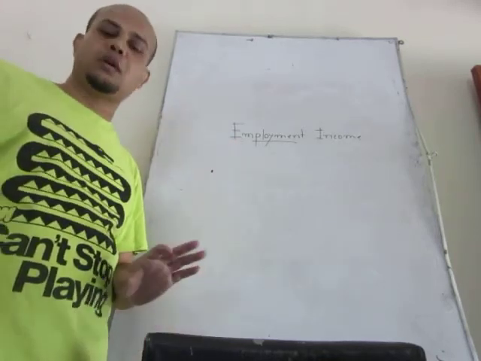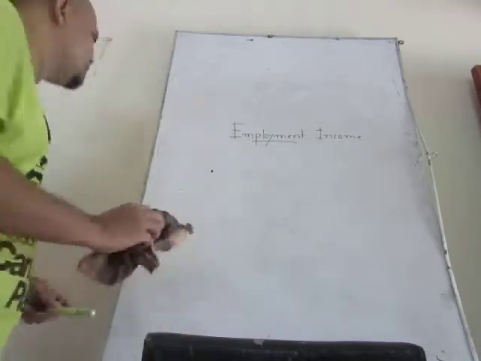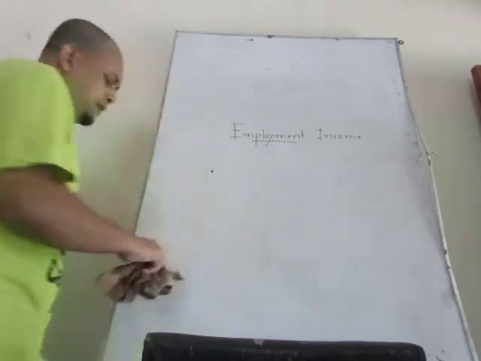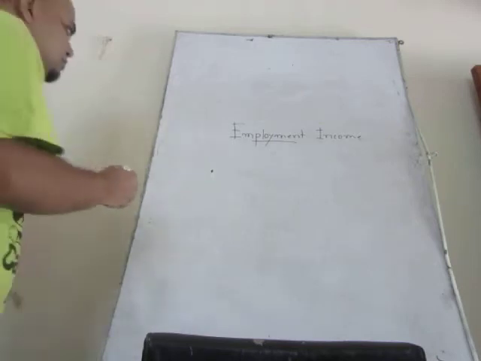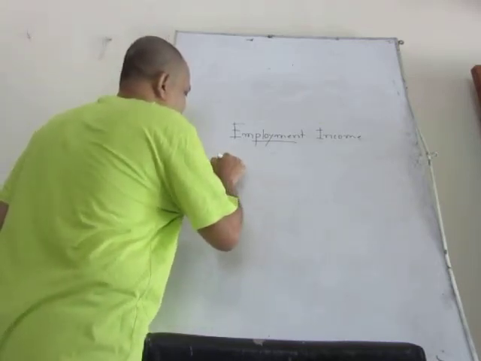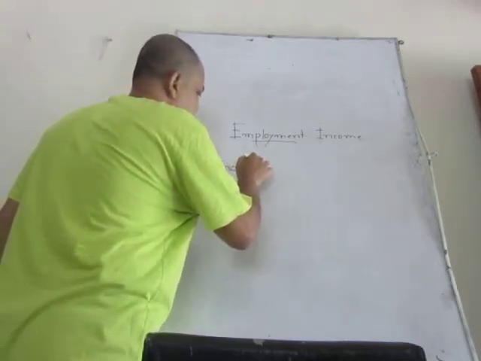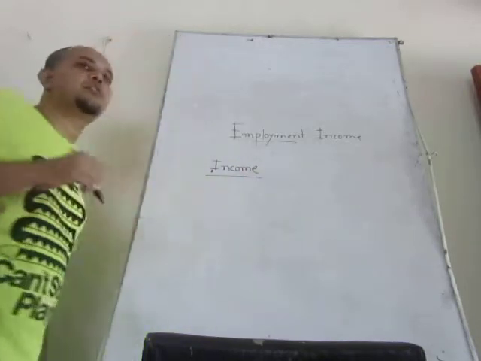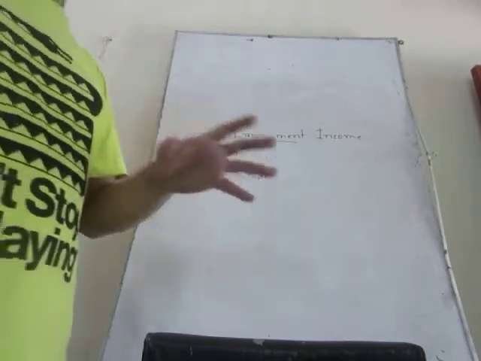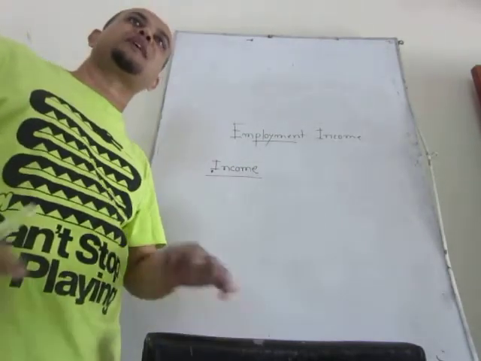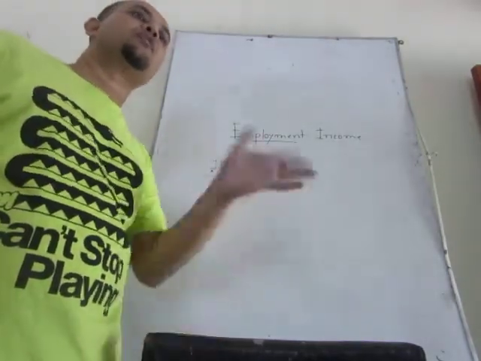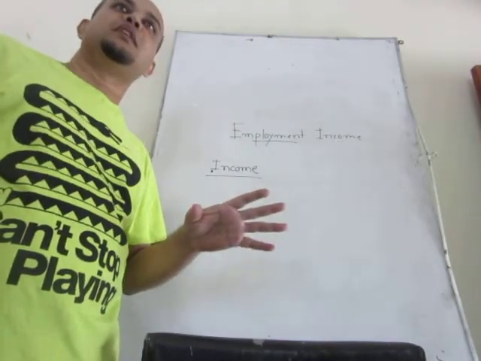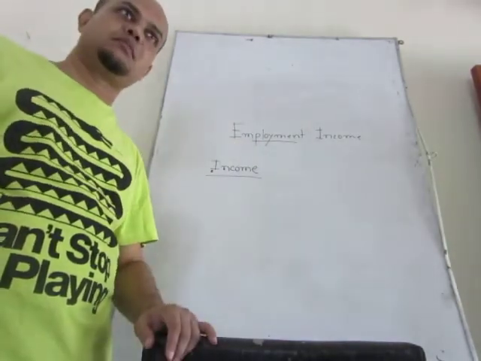Now, the thing is, employment income. What will be the employment income? Normally, when an individual is employed with some other organization or employer, it is obvious that there will be different kinds of payments, right?